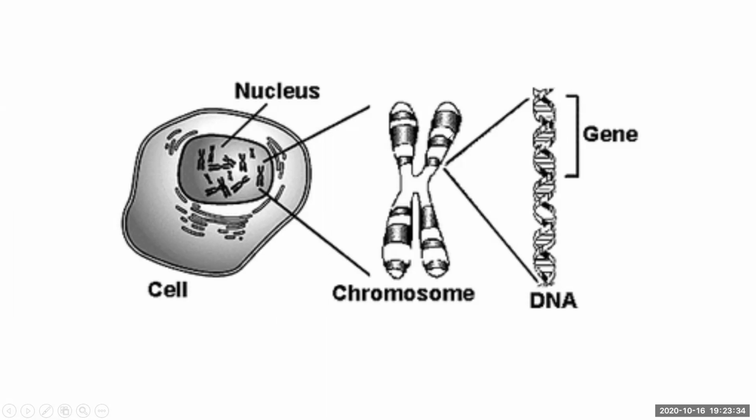Chromosomes are actually long threads of DNA all bundled together. A certain length of this DNA is a gene. Each gene controls one factor. Each gene has the information to control one factor.